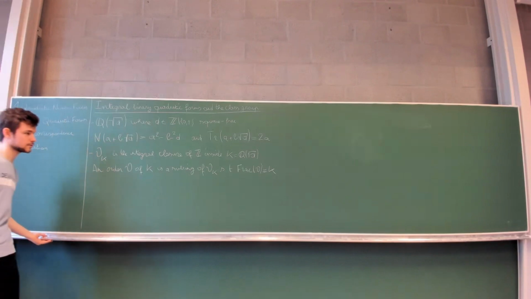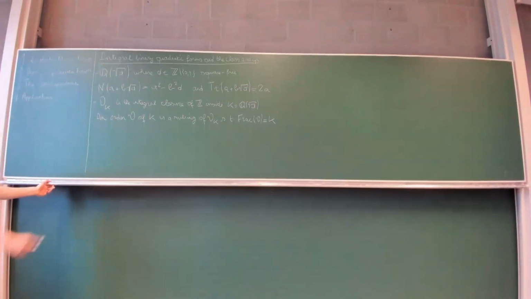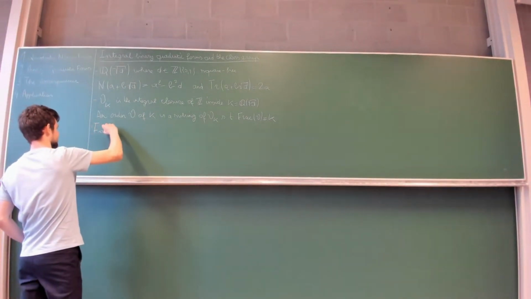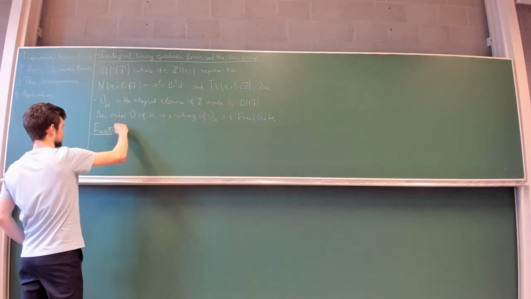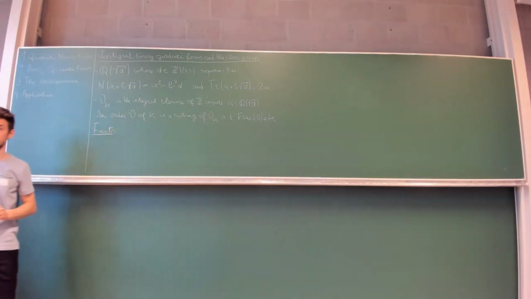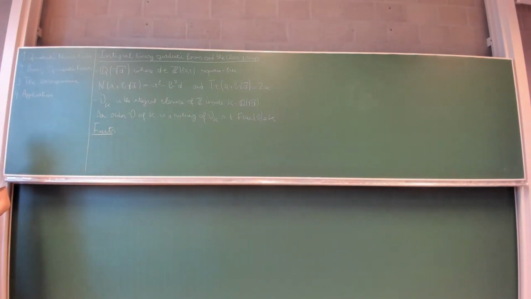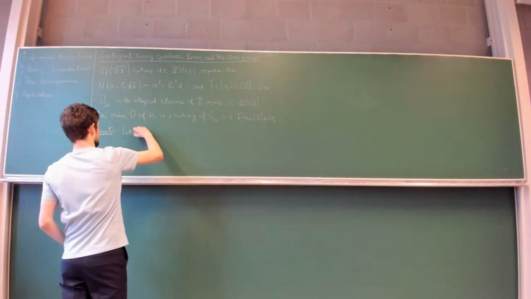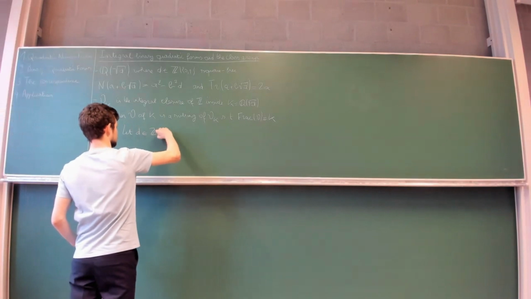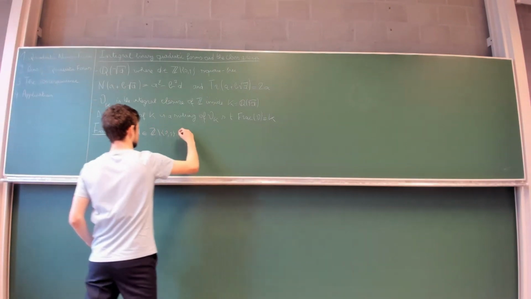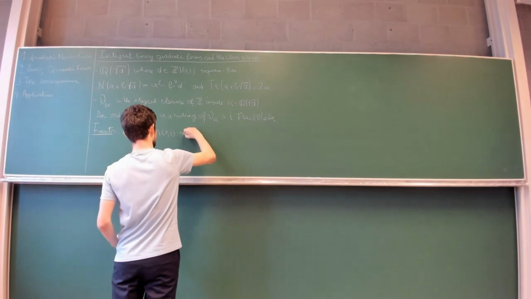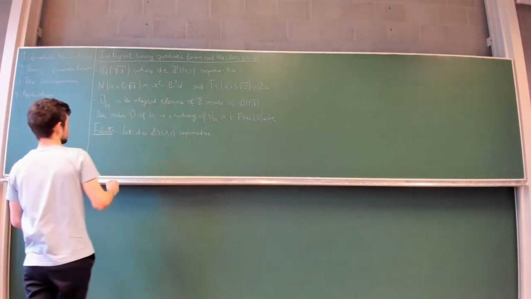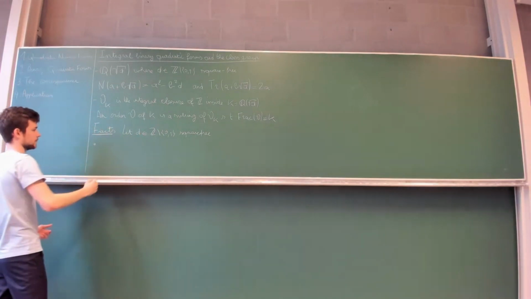Okay, so now I want to talk specifically about a quadratic number field. I want to write down some facts which you can show about what such a quadratic number field looks like and how it is determined by its discriminant. So let d be a square free integer. Then the following things hold.